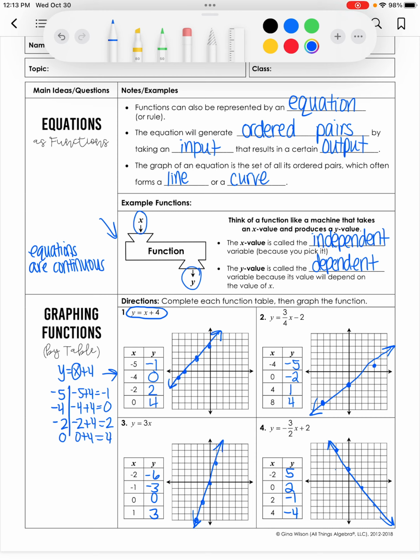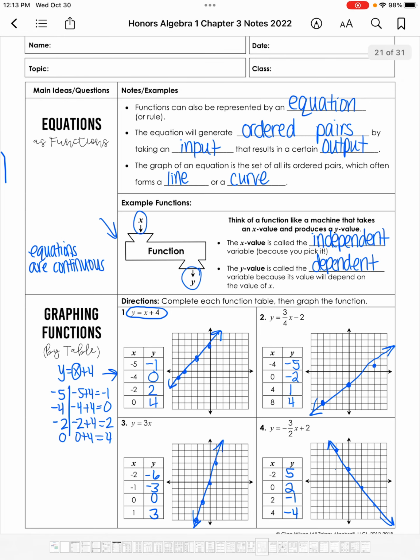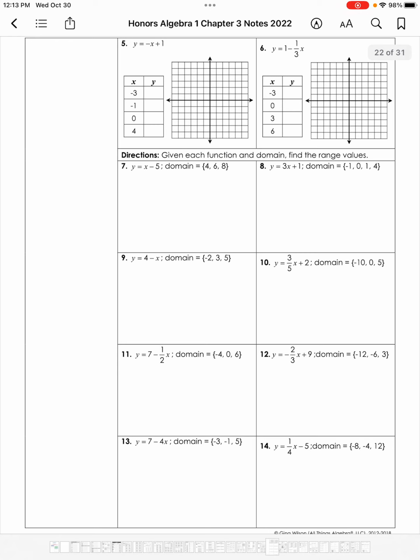Alrighty, so moving on to the next topic here. Okay, we have some more equations on the next page, which you can pause this video and try these out.